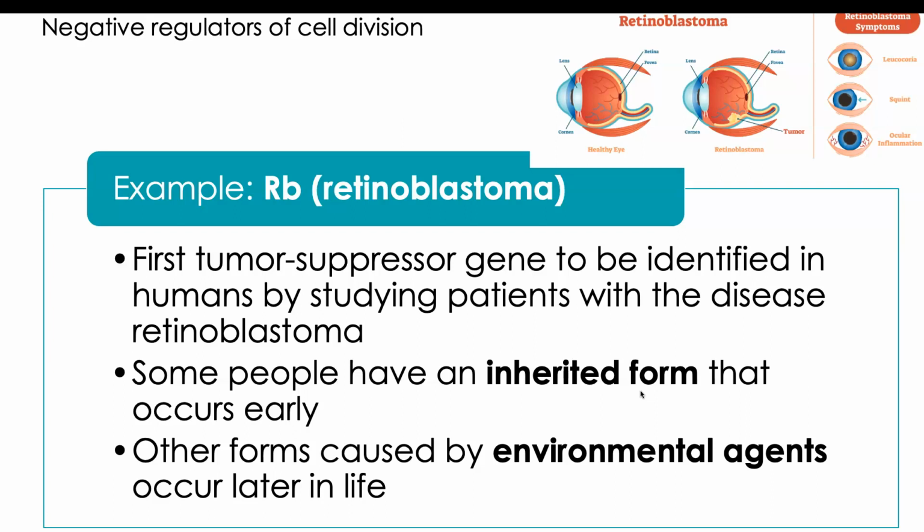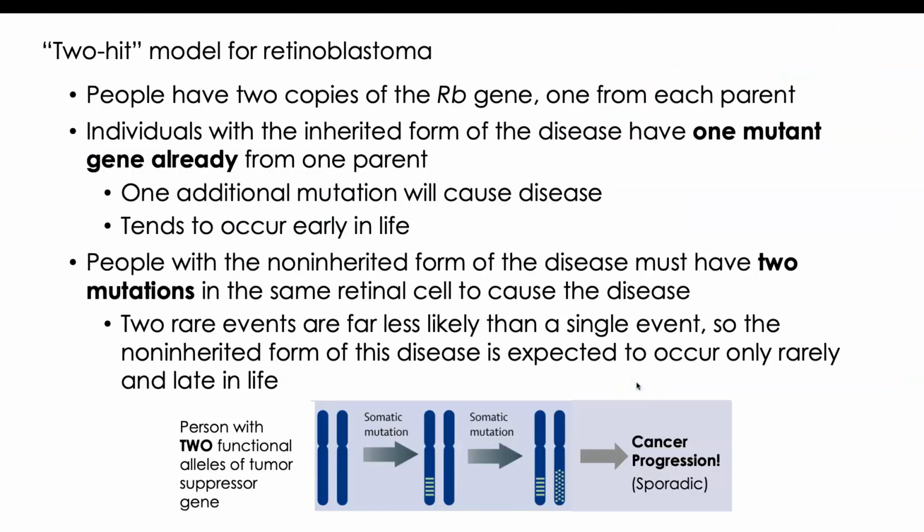Some people have an inherited form of the disease, and others have the disease as the result of environmental agents that harm their eyes later in life. So this brings us to the two-hit model. This two-hit model is that essentially people have two copies of their RB gene.